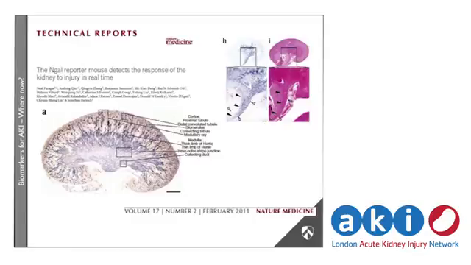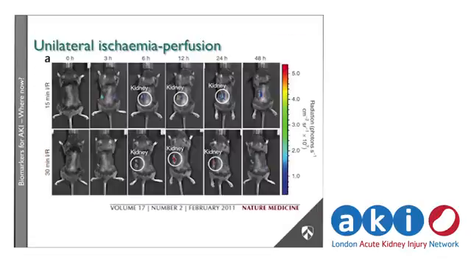Some workers made a reporter construct using the NGAL promoter. They could basically make the kidneys light up with a marker when NGAL was activated in a transgenic mouse model. This was a fluorescent molecule, so they could actually detect light coming off these mice.